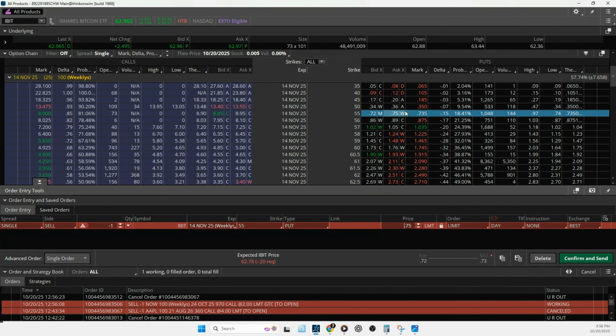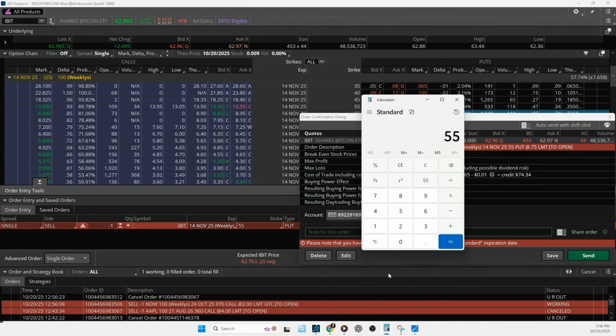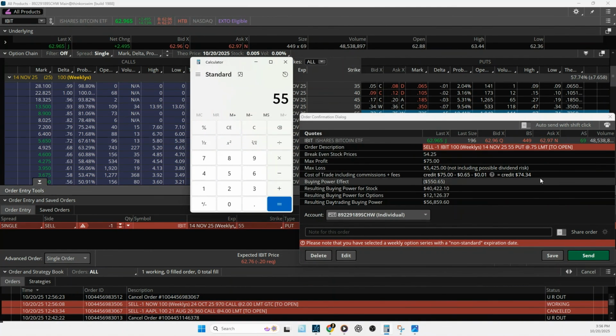And then how much buying power is it going to take? I'm not going to go through. Maybe I will. My buying power is low right now, so it's going to take 500, and I'm already pretty low, so I'm not doing it. But it doesn't take much buying power. Let's calculate. I'm going to take this number, 74.34, divided by the buying power required, 550.